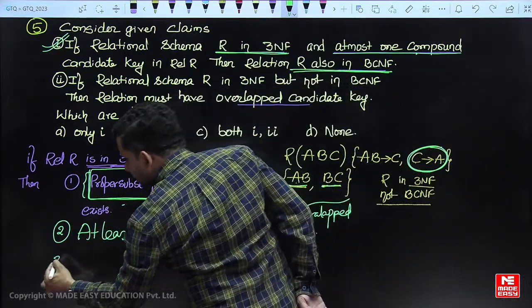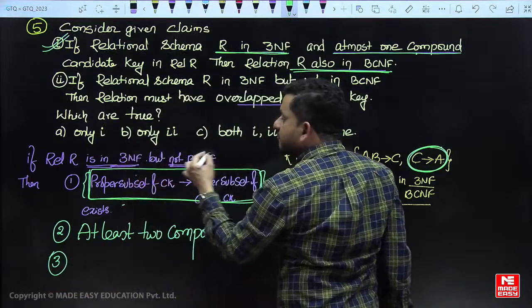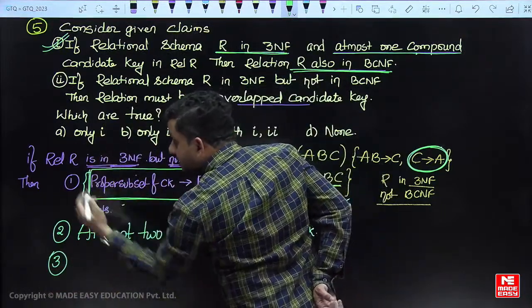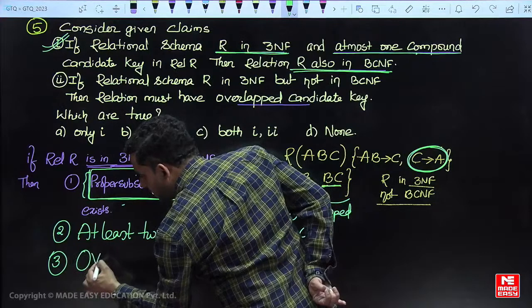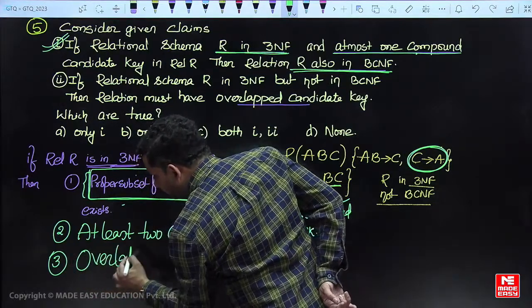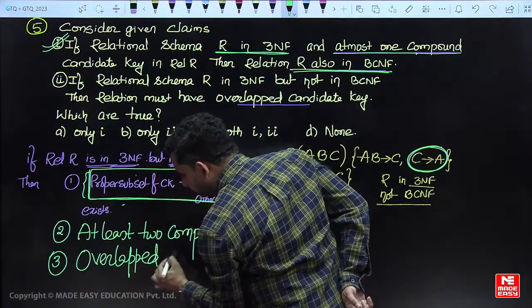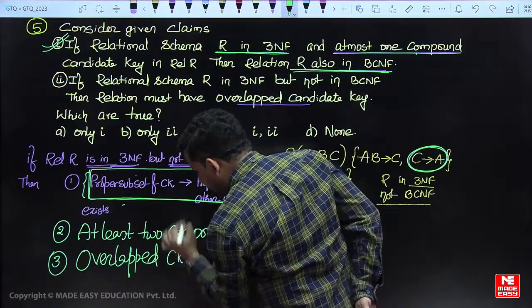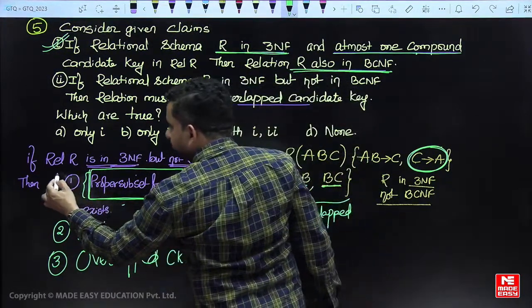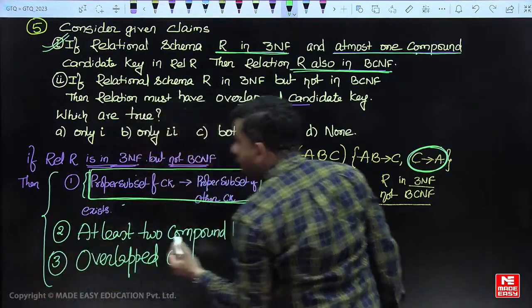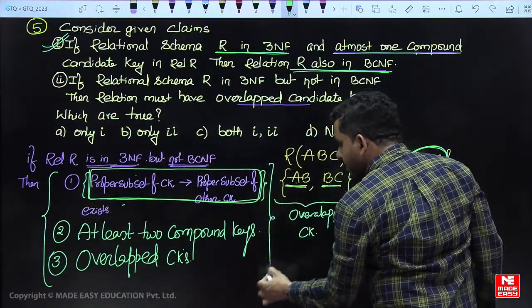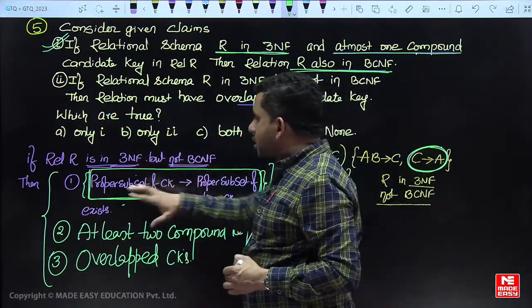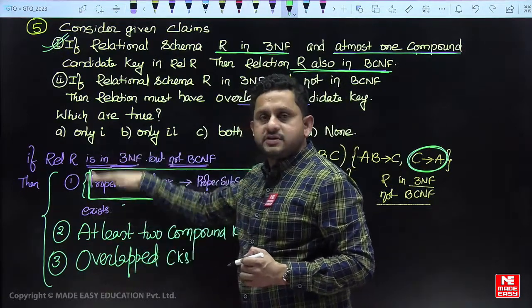So these three statements are guaranteed true if the given relation is 3NF but not BCNF: overlapped candidate keys exist, and so on.